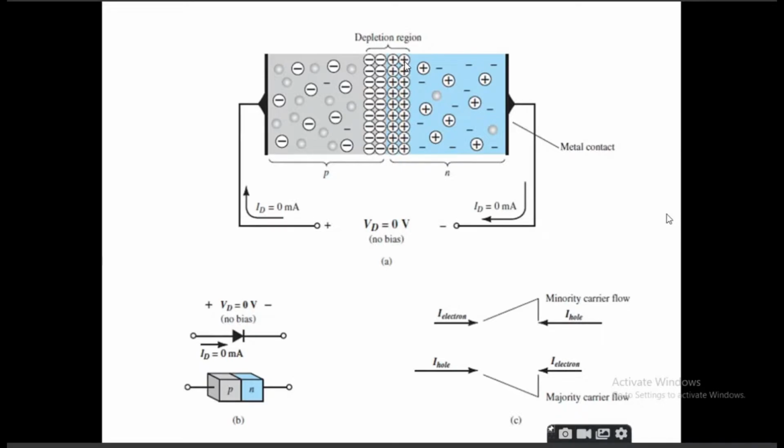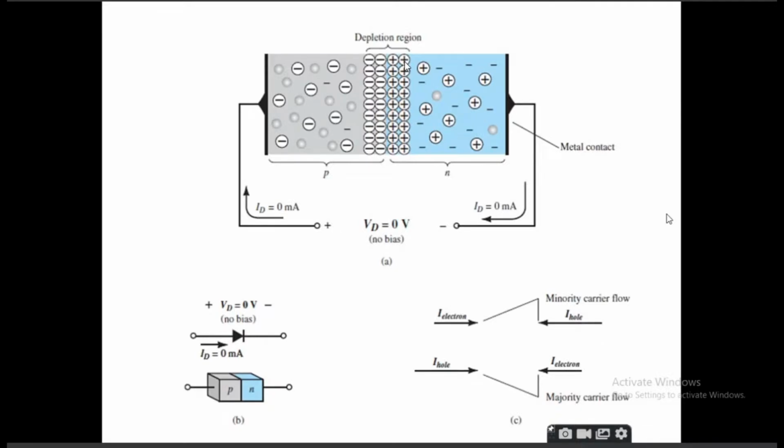The same thing follows on the N side: the majority charges are the electrons and the minority charges are the holes. These holes and electrons are charges which can move; they are known to be mobile in nature.